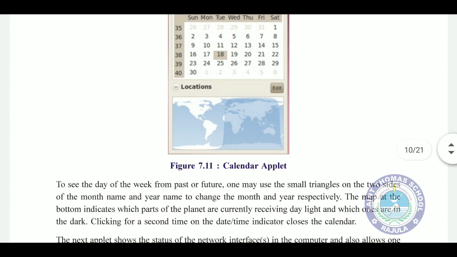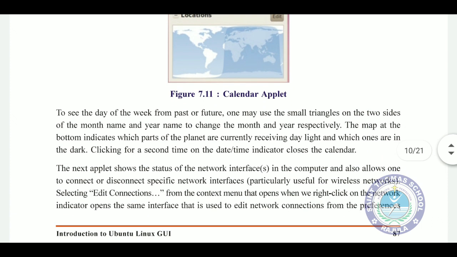Then after, the next applet shows us the status of a network interface in the computer, and also allows one to connect or disconnect the specific network interfaces. This is particularly useful for wireless networks.